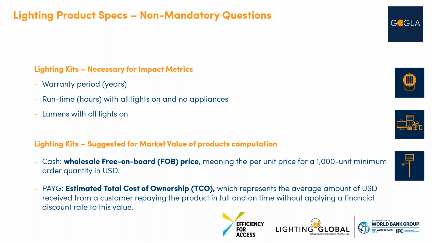Now, this is of course sensitive information, but please note that while this is non-mandatory, it's used only to estimate the market value, which is why we call it a free on board price, and it's to be reported in US dollars. And in this case, we also specify the minimum order quantity.